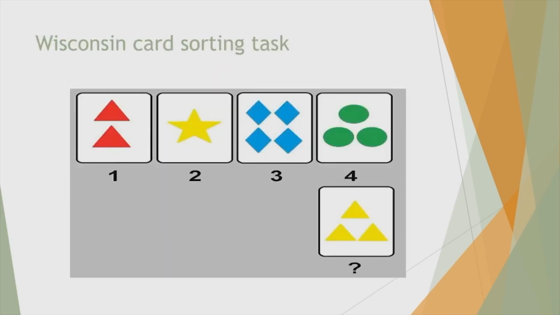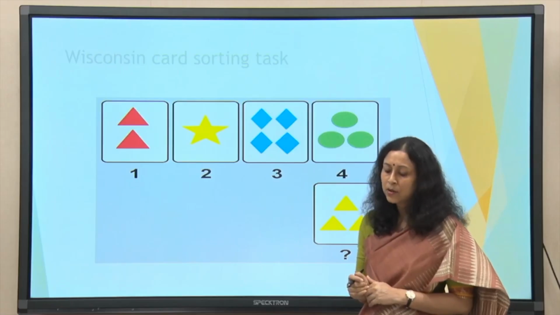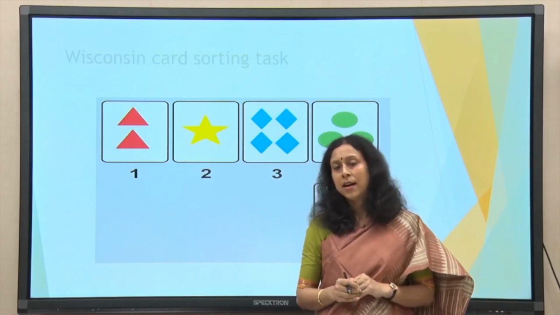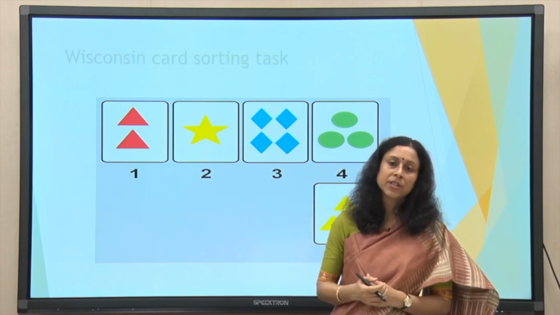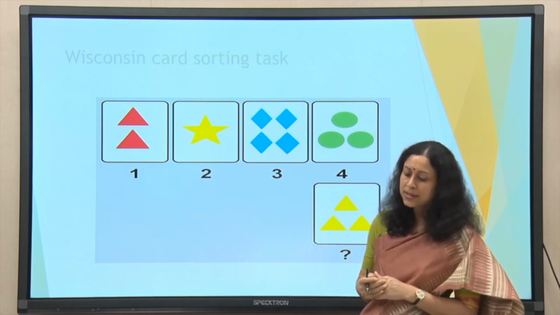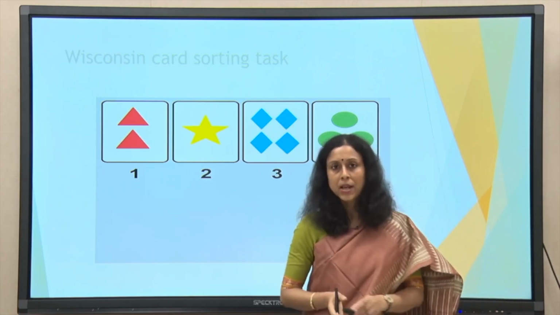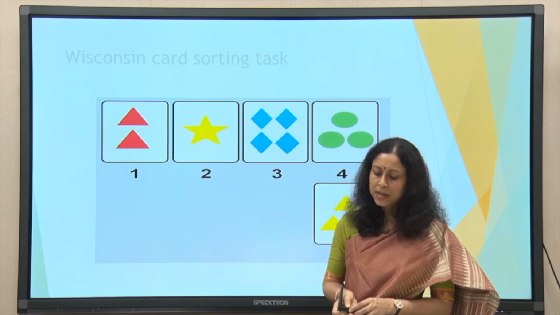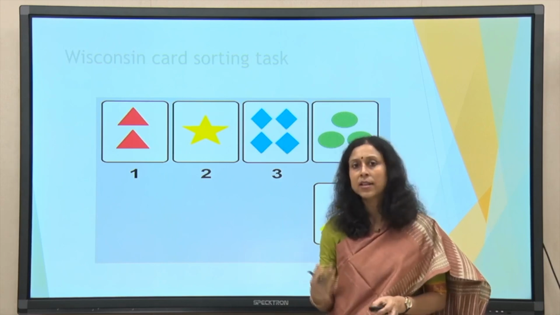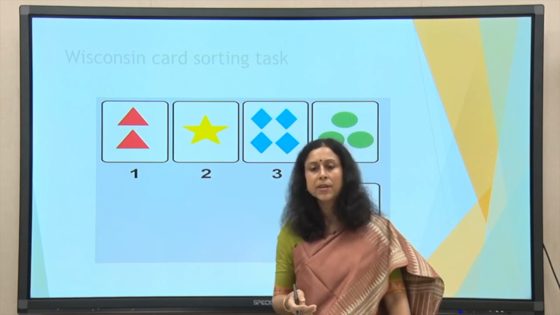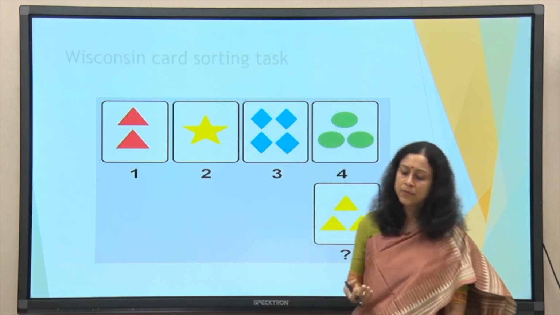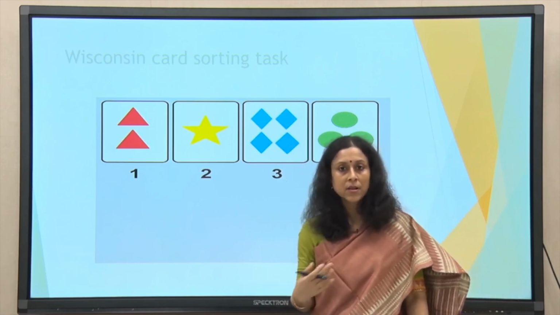The Wisconsin card sorting task is again a very commonly utilized one to check cognitive control, and this also has a very crucial aspect, which is updating, flexibility, adaptability. So, this is a game. This game revolves around choosing cards, sorting cards. The cards are different, there are many ways of playing, there are many possible sets.